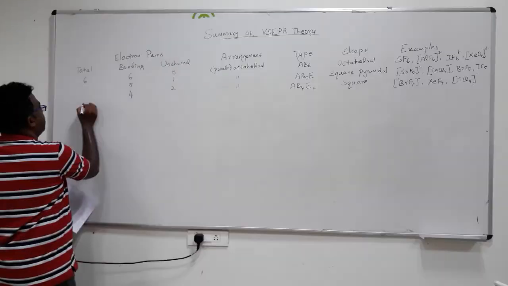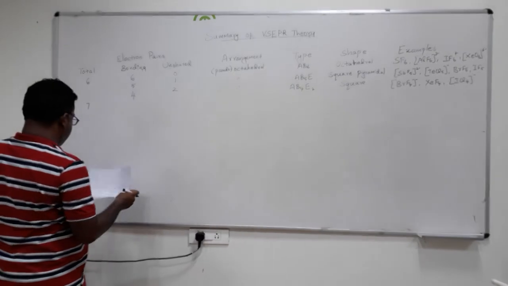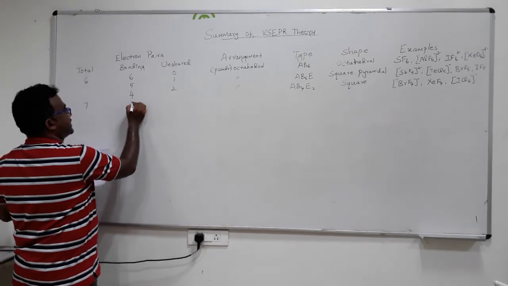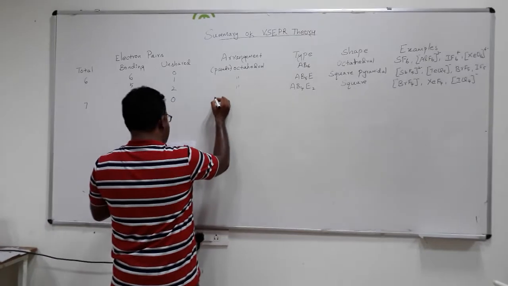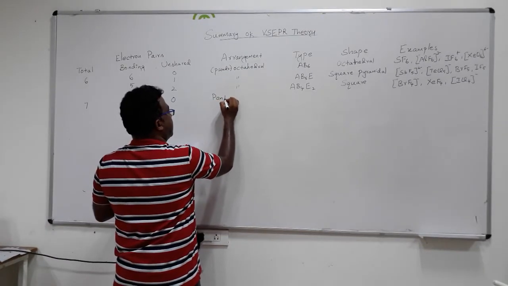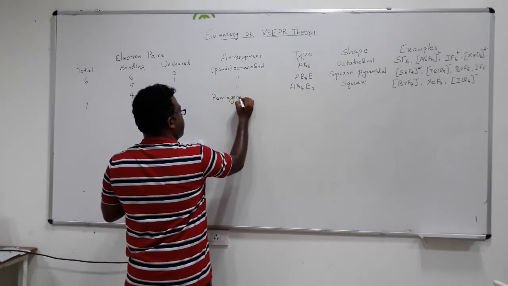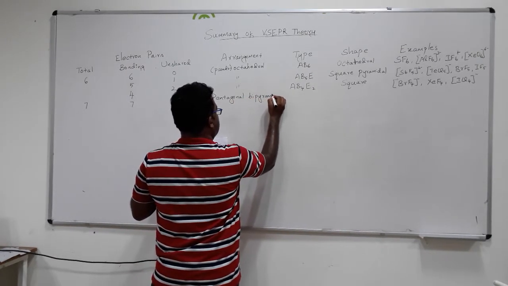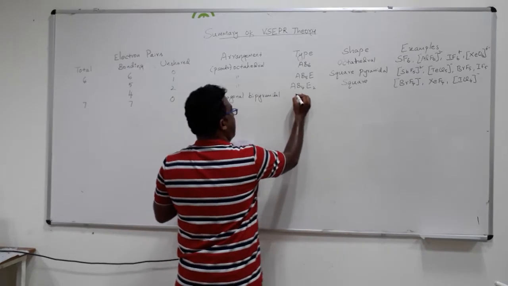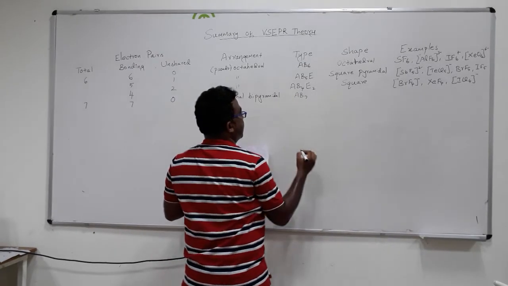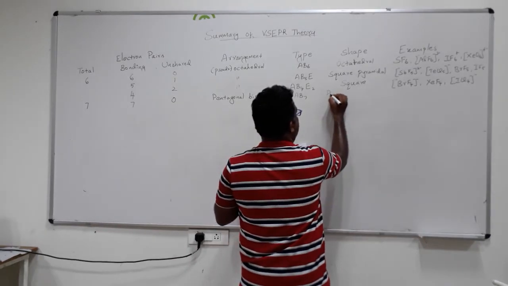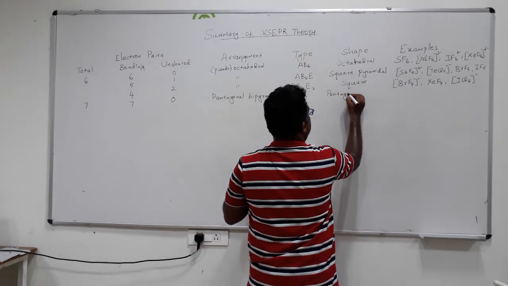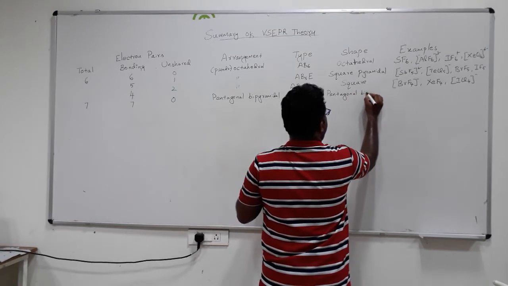Okay. Total electron pair is now 7. When we come to 7, in this case the bonding electron pair is 7, unshared electron pair is 0, and the arrangement will be called pentagonal bipyramidal, type AB7. The shape is again pentagonal bipyramidal.